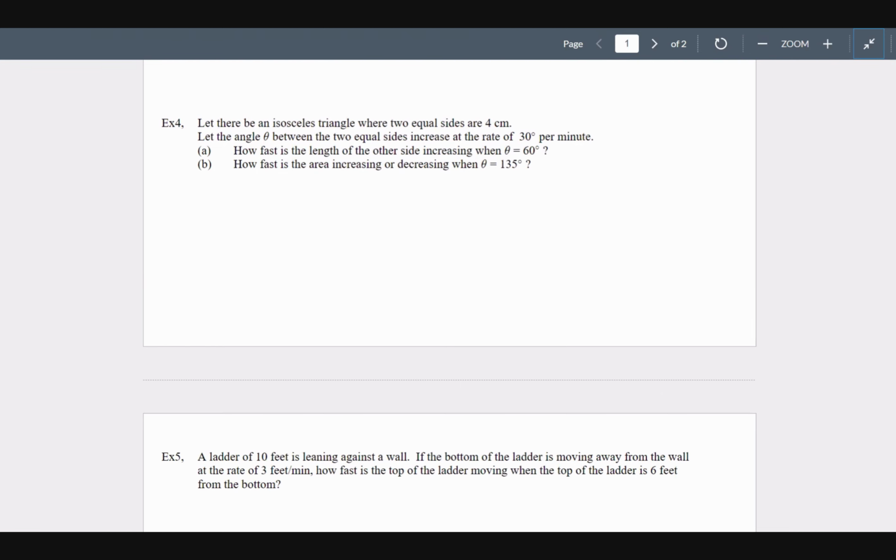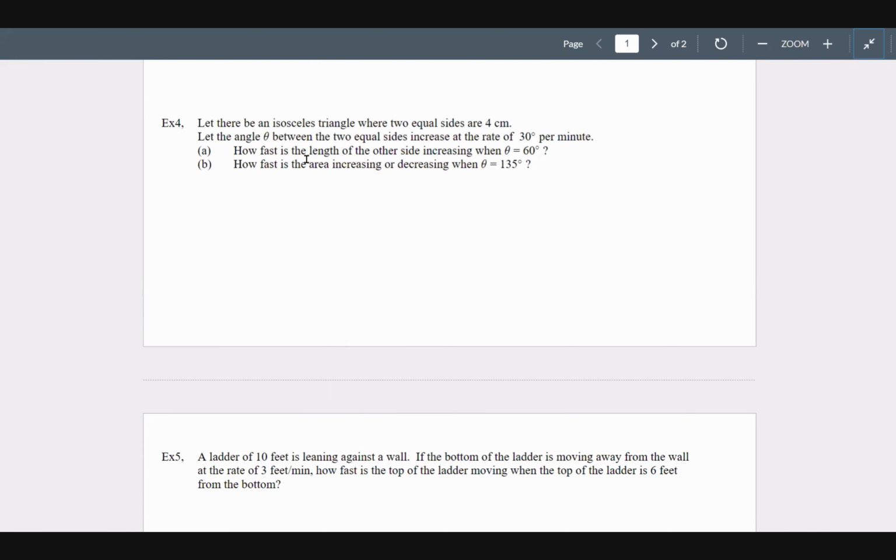In example 4, let there be an isosceles triangle where the two equal sides are 4 inches. Let the angle theta be between the two equal sides, which increases at the rate of 30 degrees per minute.